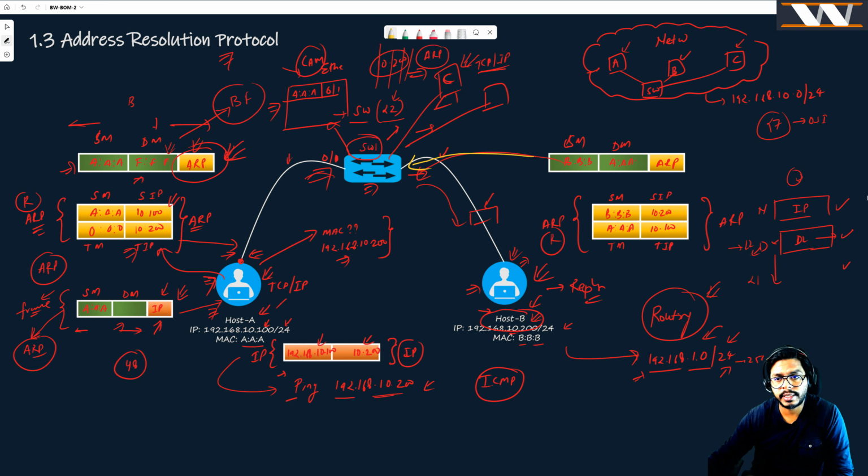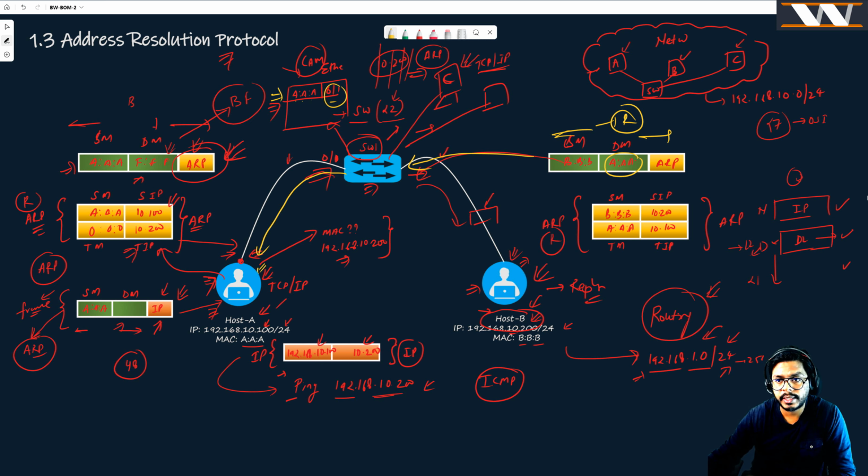The switch is going to check the destination MAC. The destination MAC is A:A:A, and now it knows that A:A:A is attached to 0/1. It doesn't need to broadcast it. It is going to send it on the single port. This host is going to receive this message.